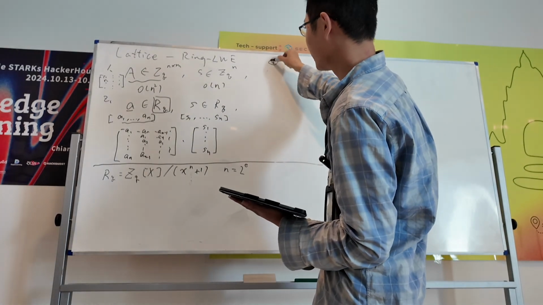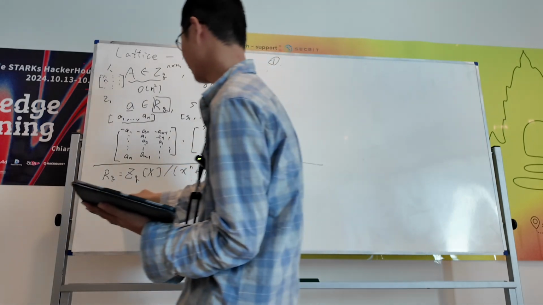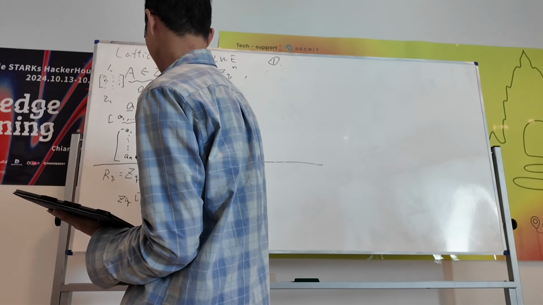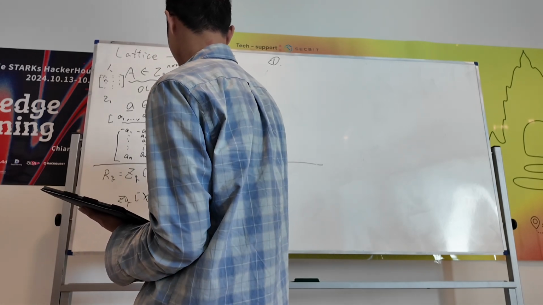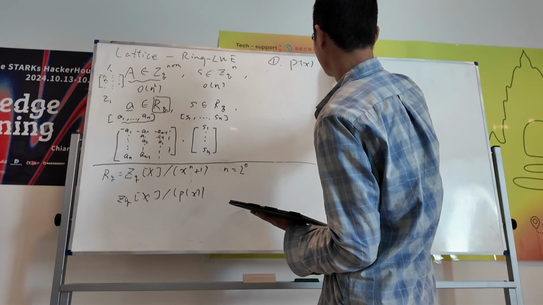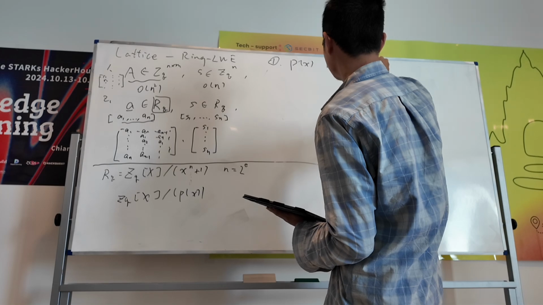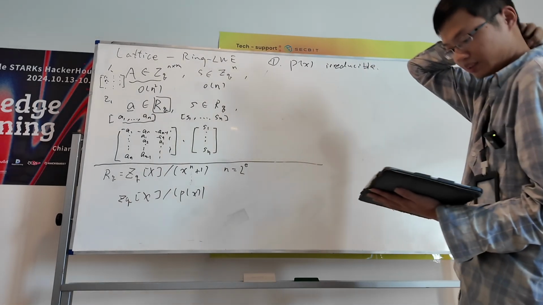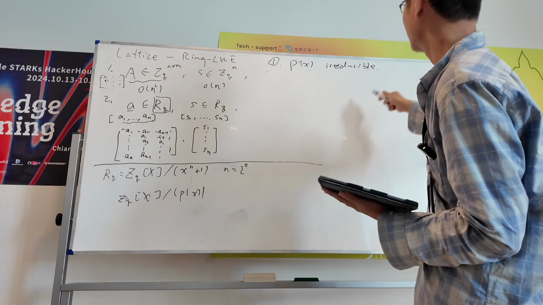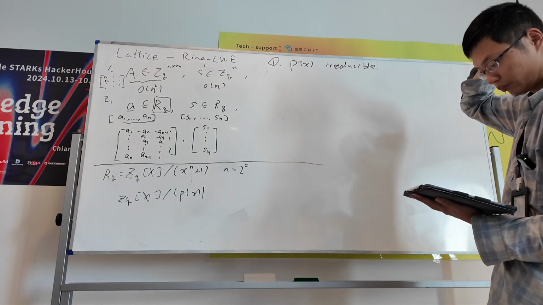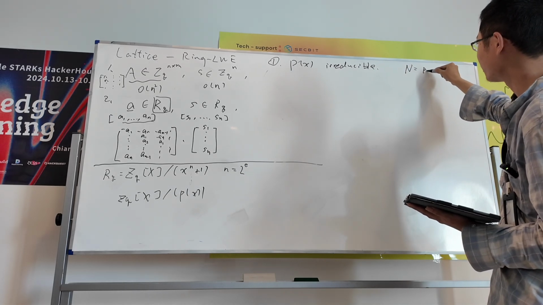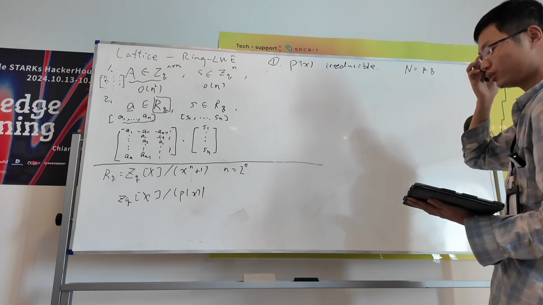First, I want to claim that in its general form, this polynomial must be irreducible. Why is that? Because you can take some analogy from number theoretic constructions, like in RSA, where you work modulo n, which is a product of two prime numbers.